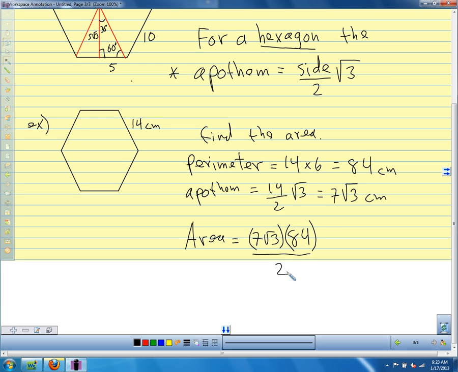And I get that my area is 294 times the square root of 3 square centimeters. I've multiplied 7 times 84 and divided by 2. My numbers outside the square root I can multiply and divide, and I leave the numbers inside the square root alone. You get 294 times the square root of 3 centimeters squared.